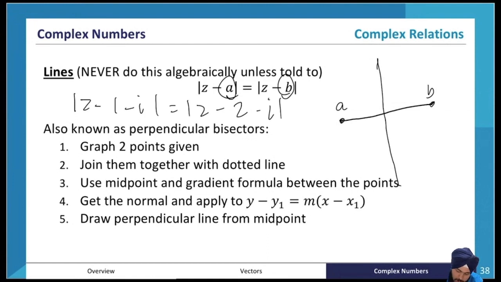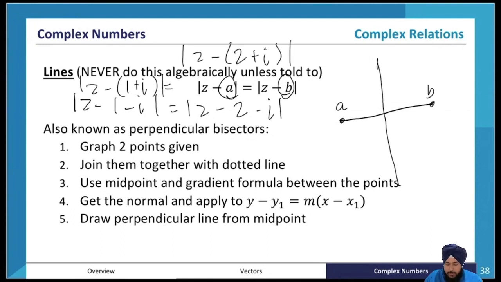First of all, return to the original form. Modulus Z minus 1 plus i is equal to modulus Z minus 2 plus i. So now 2 plus i and 1 plus i are our original 2 coordinates, so A and B. So plotting it, we will get the coordinates (2, 1) and (1, 1).